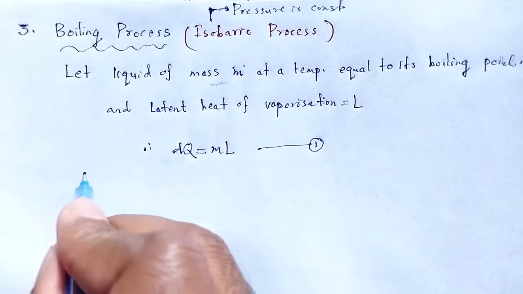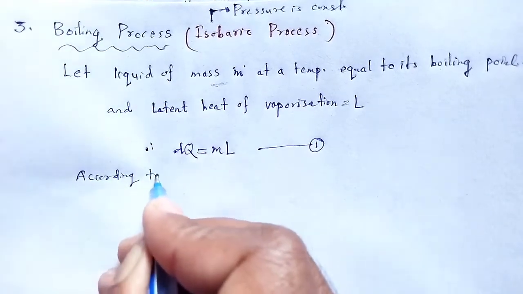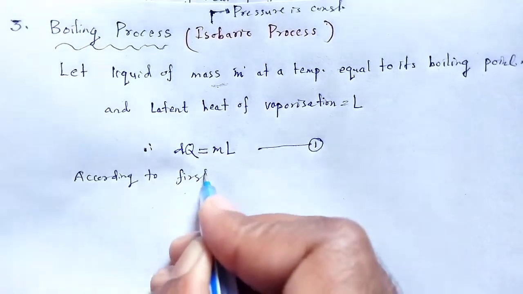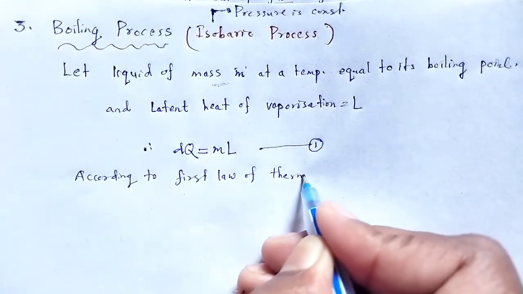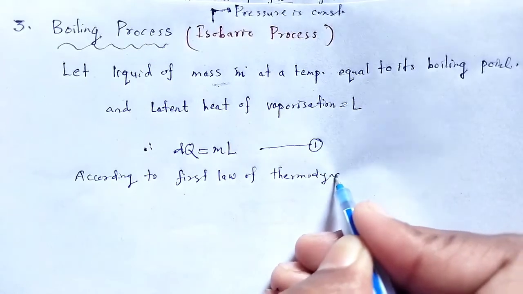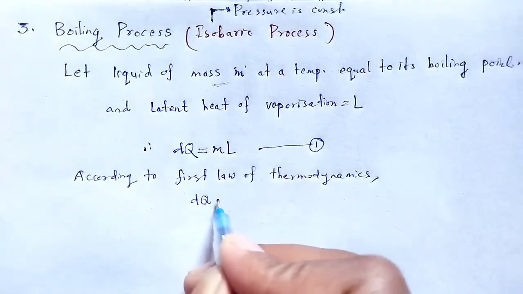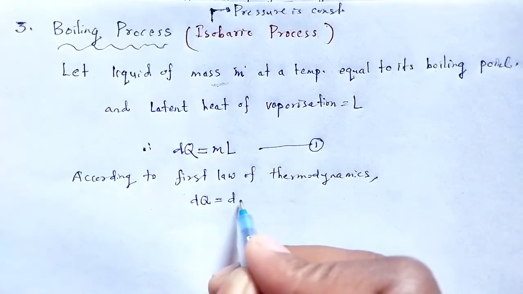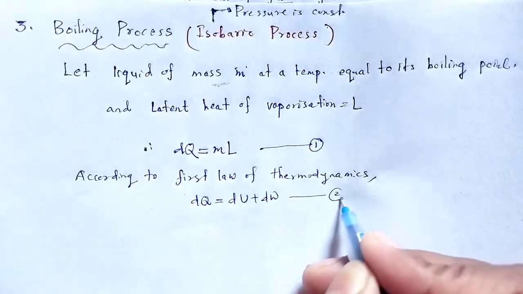Then according to the first law of thermodynamics, the amount of heat supplied dq will be dU plus dW, equation 2.